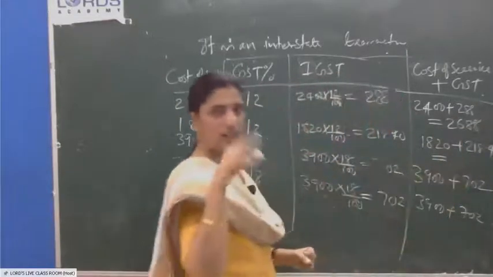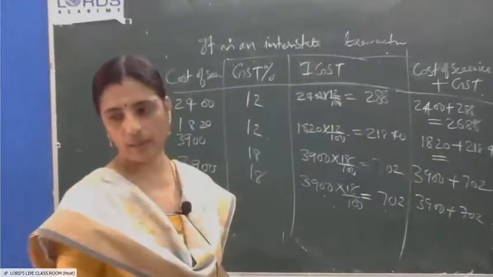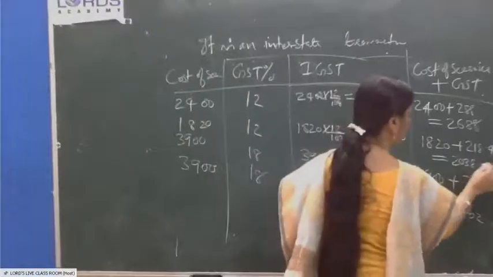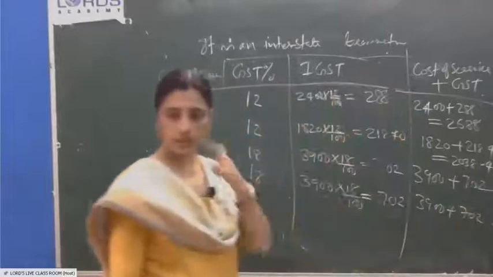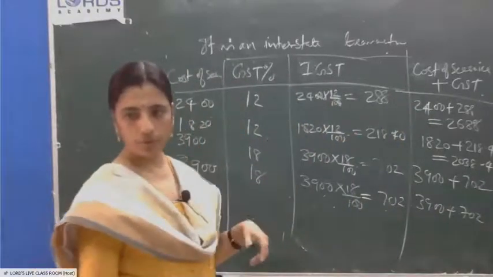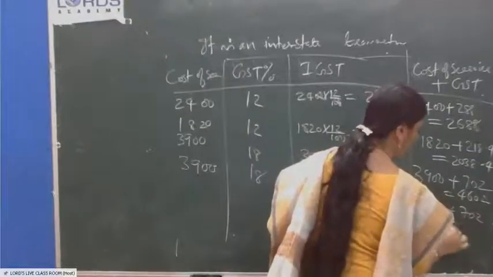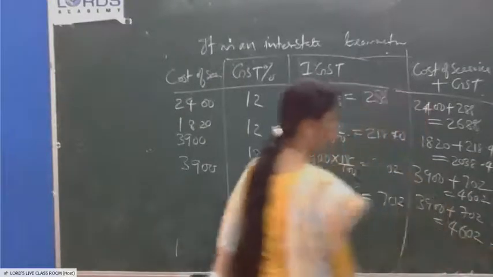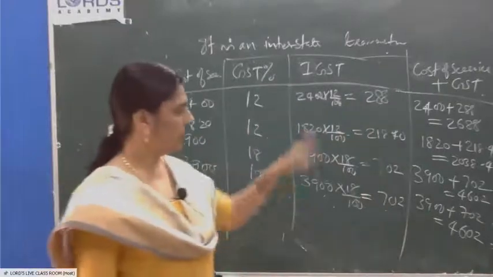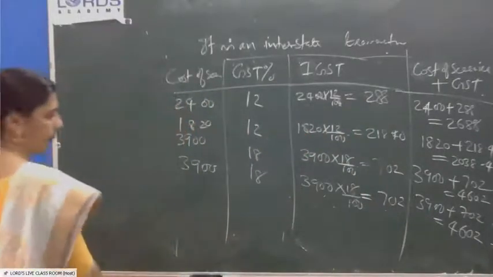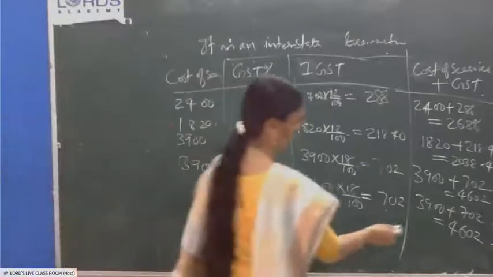I am giving the rupee symbol for the last one only. That we have to do, otherwise marks will go, otherwise no problem. 2038.4, 4602, and here also 4602. Now you total those things, we will get the total.